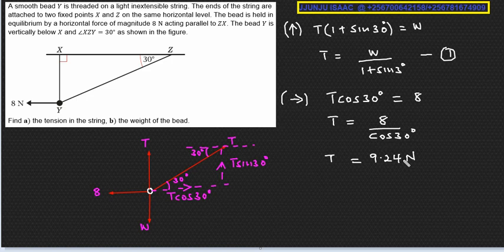So now let us see the weight. Now finding the weight is easy. We already have an equation here. This is equation 2, equation 1. Now part B, from equation 1, our weight will be equal to the tension, which is 92.4 times 1 plus sin 30 degrees.